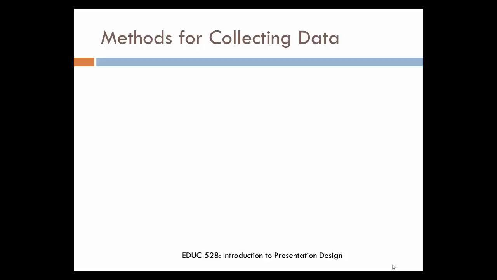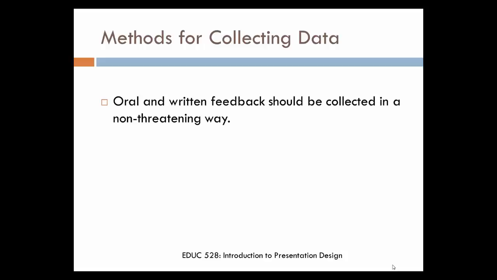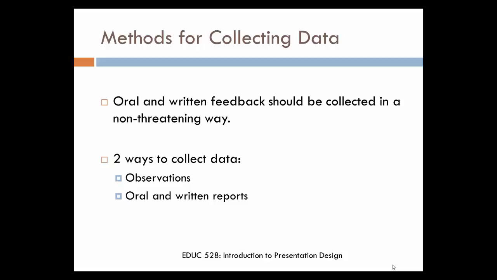Obtaining oral and written feedback from the students is critical to help verify your impressions of the feedback obtained from your participants. There are two ways to obtain feedback: through observations and oral and written reports. Oral is really challenging, so you want to make sure that you have the time to put into it to get the information from your participants.